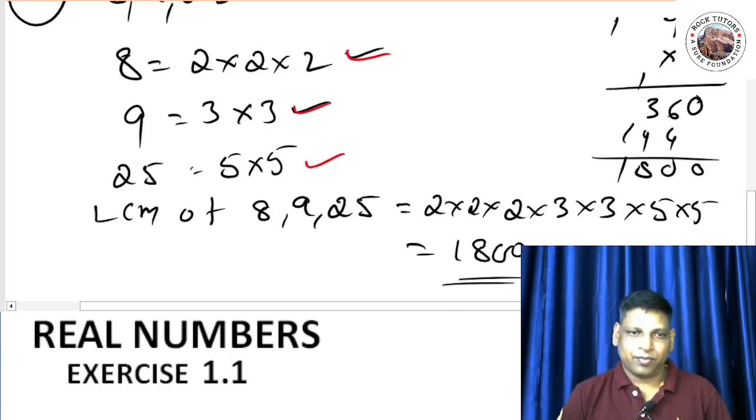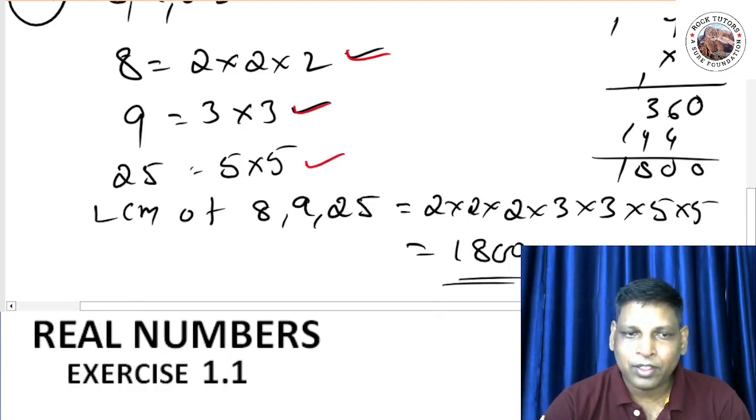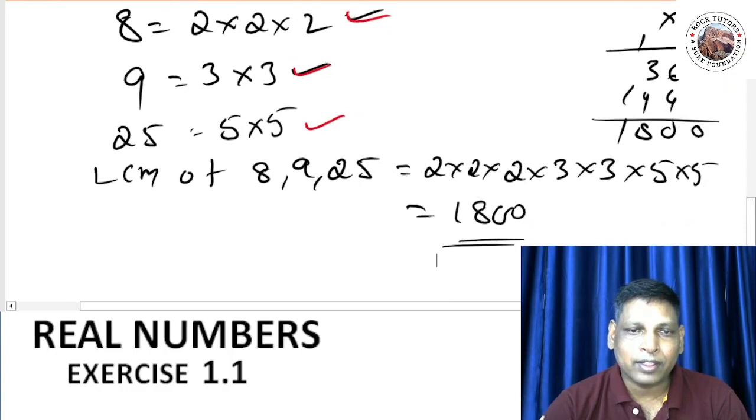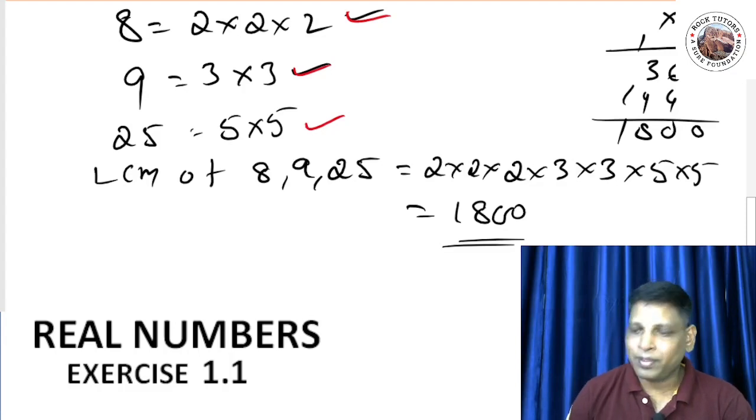What about HCF? In this one, there is no common factor. HCF means highest common factor, and here there is no common factor, so the answer will be 1.